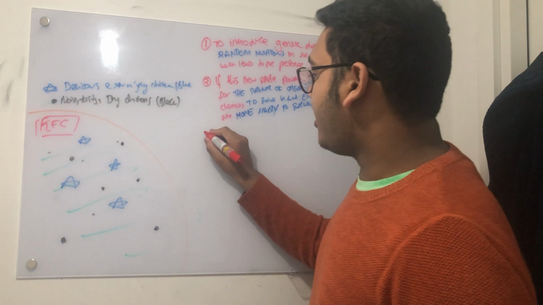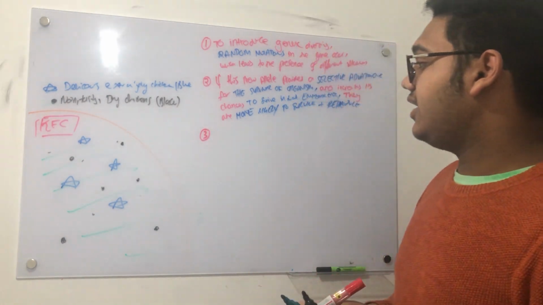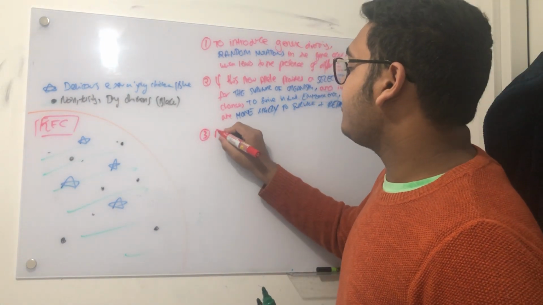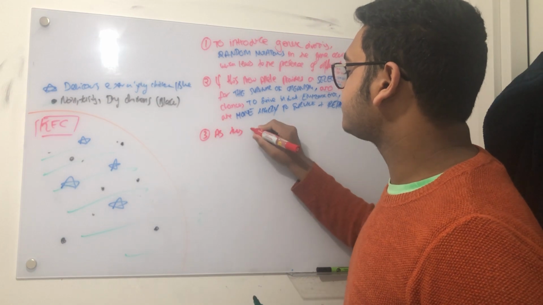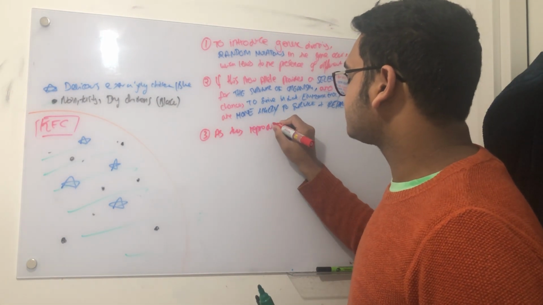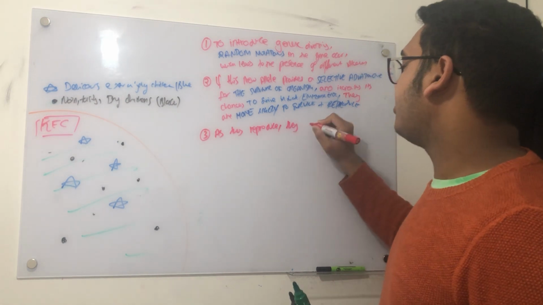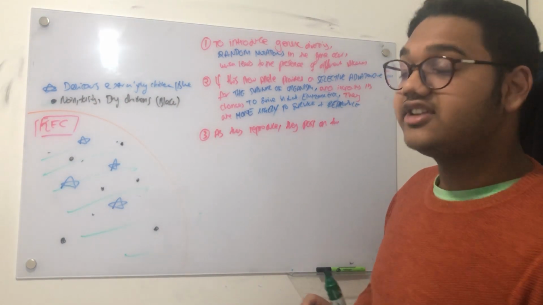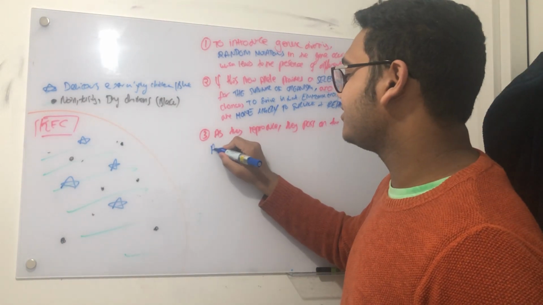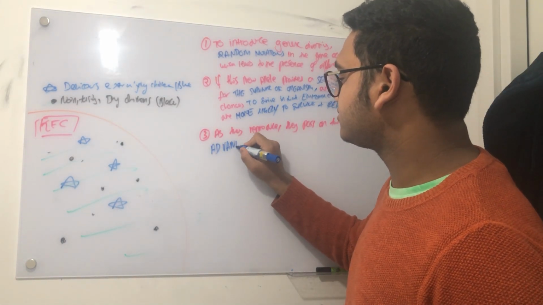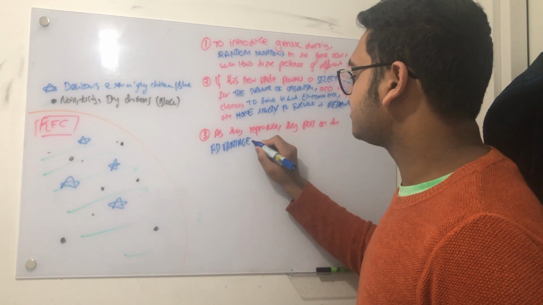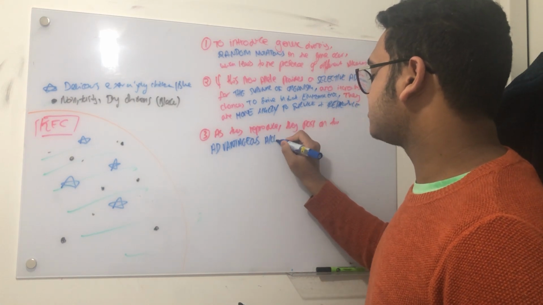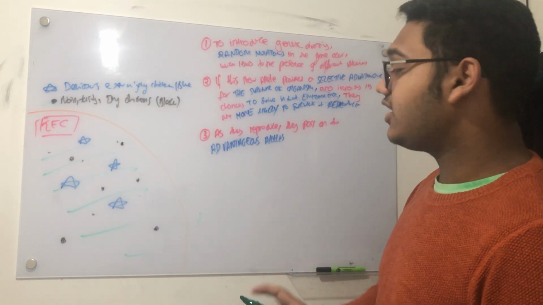The next thing we're going to write is that as they reproduce, they pass on the advantageous alleles to the offspring.